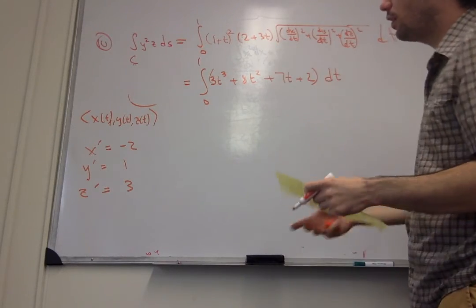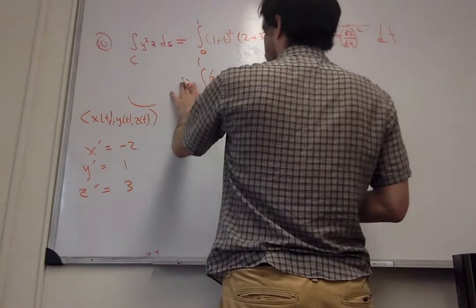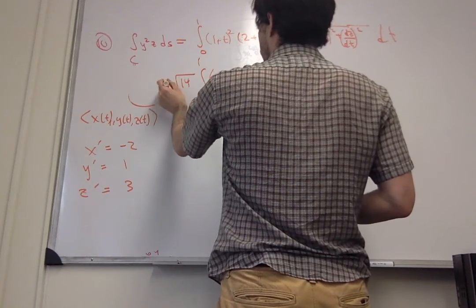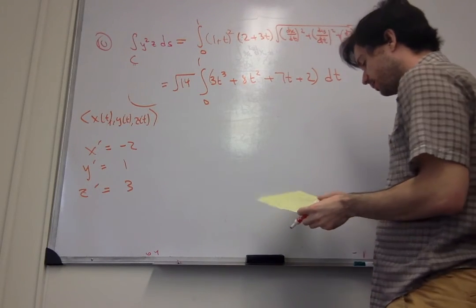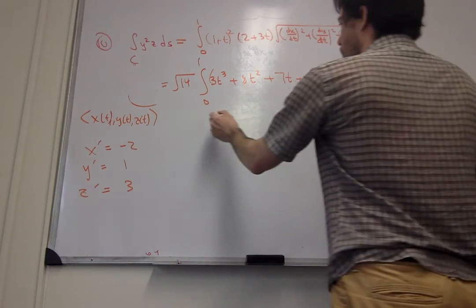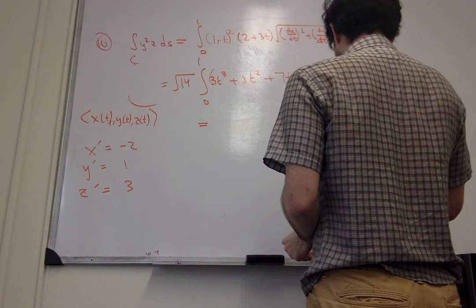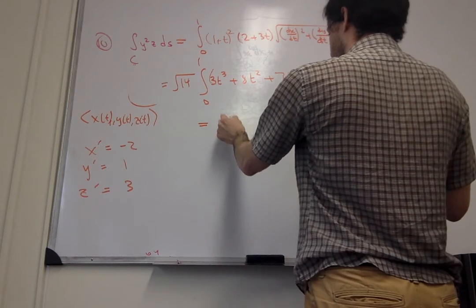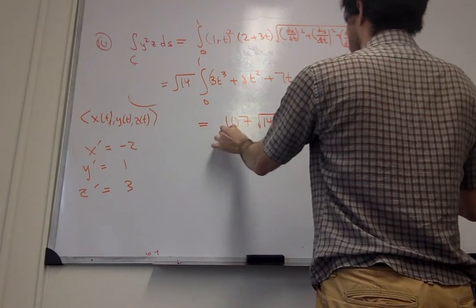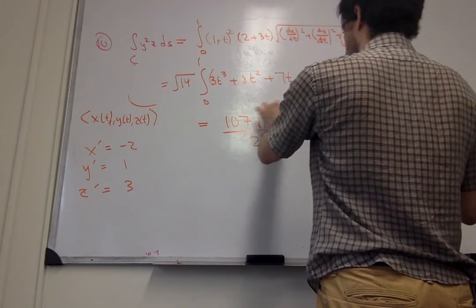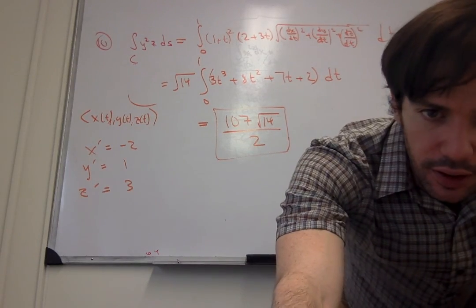This whole thing, once I plug in those values, is going to give me the square root of 14, which I pull to the outside. Why would I not do that? And then when I perform this whole calculation, the final answer is going to be 107 times the square root of 14 divided by 2. And that concludes that problem.